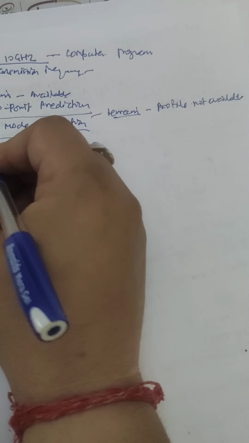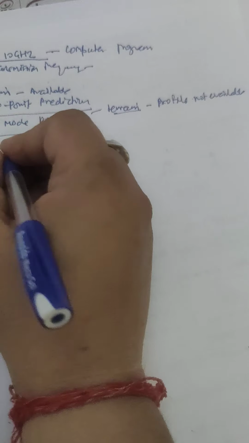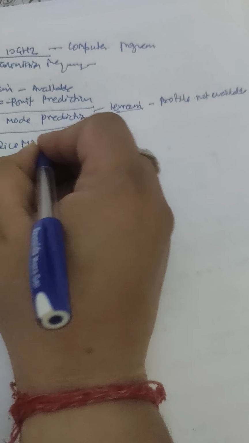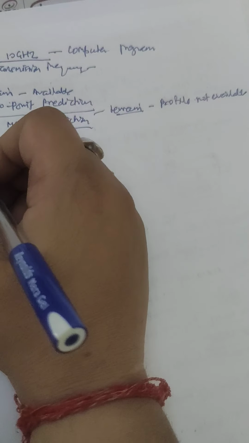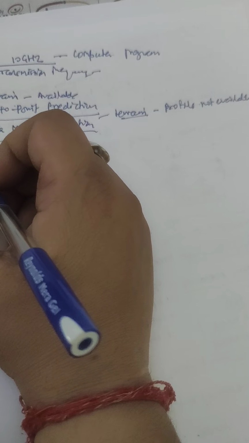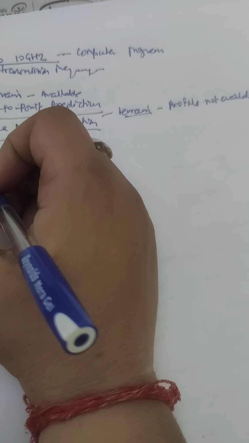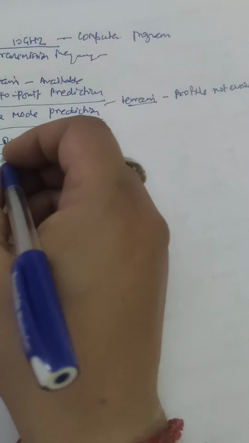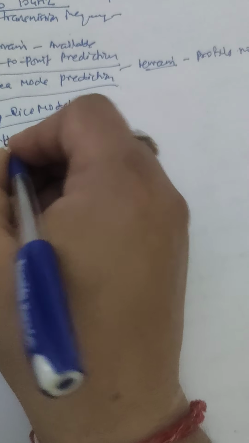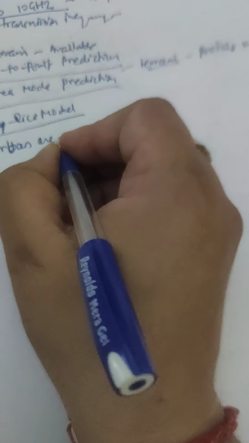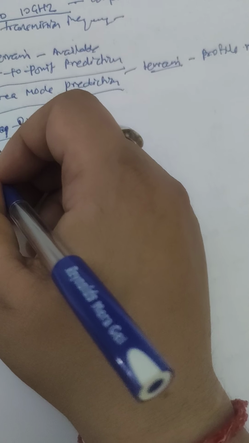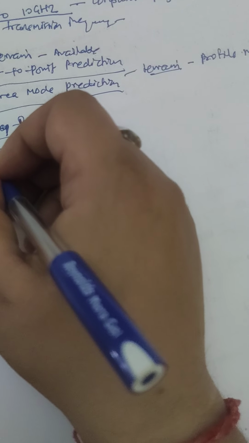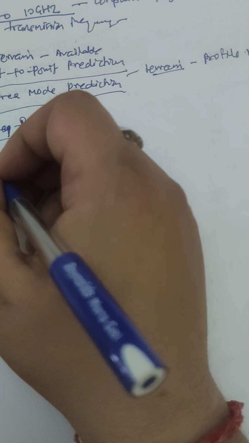So there have been many modifications and corrections in the Longley-Rice model since its original publication. One important modification deals with the radio propagation in urban areas, and this is particularly relevant to mobile radio.